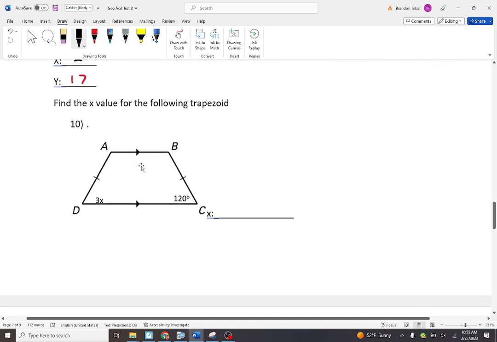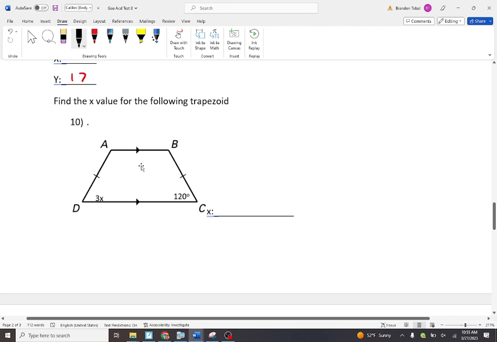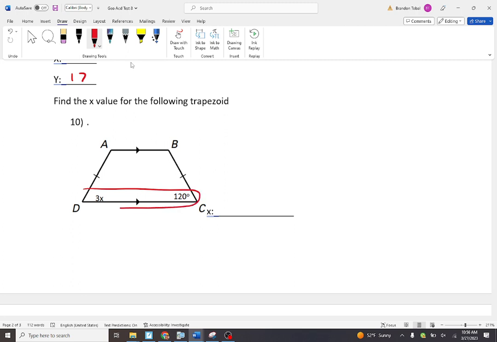All right, number 10 is a trapezoid. Different rules for different shapes. This is an isosceles trapezoid. Trapezoids have a different rule. If you're on the same base of a trapezoid, you're congruent, the same.